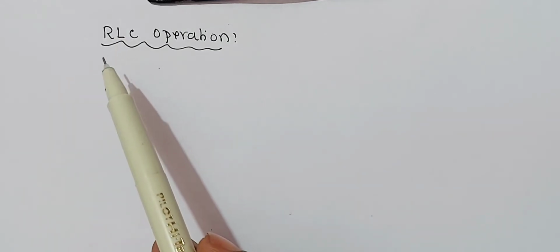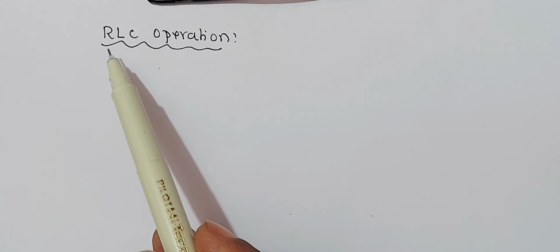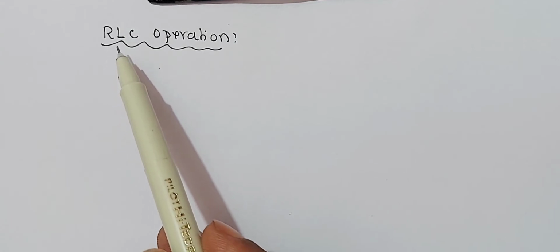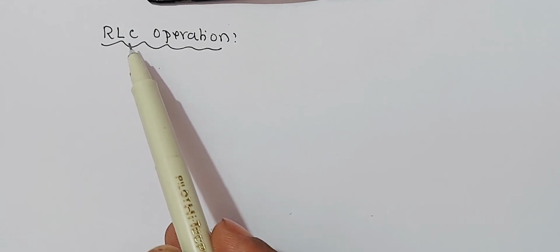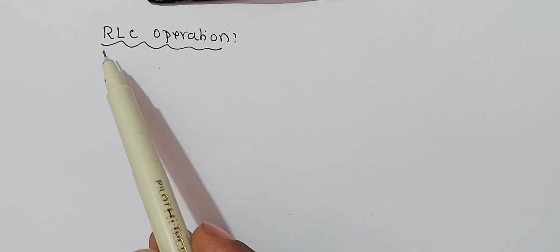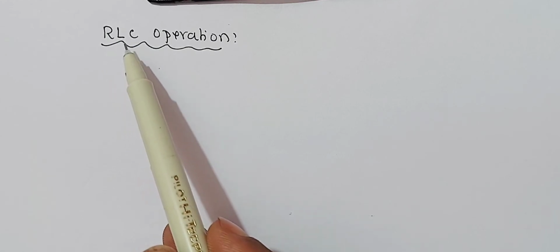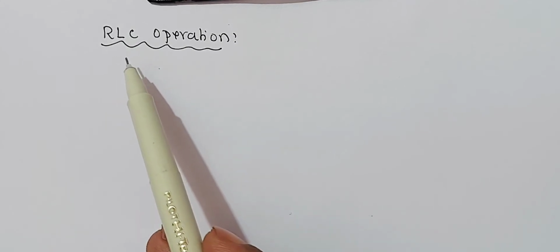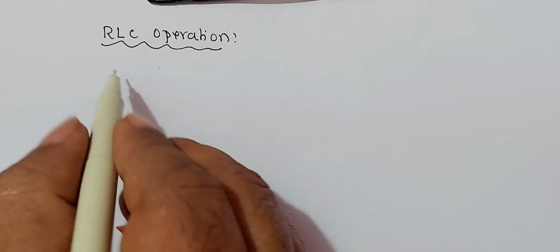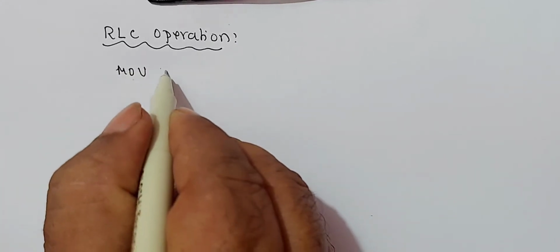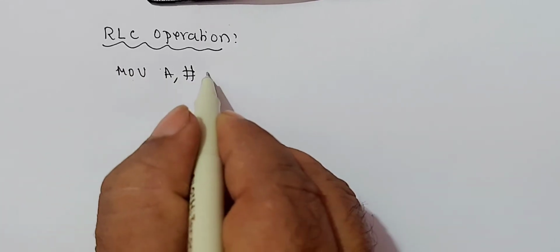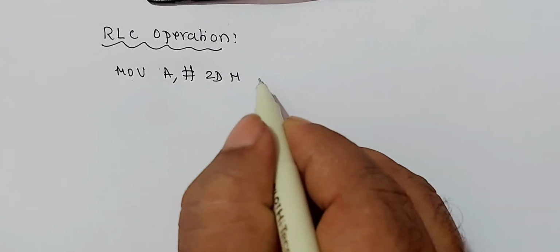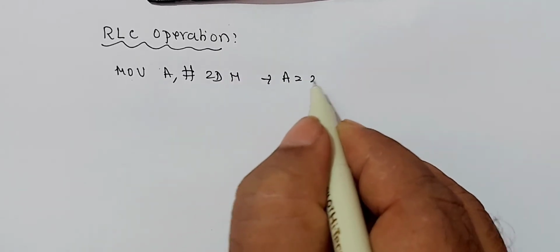Now we will discuss the RLC operation. RLC is the operation code used to rotate the content to the left along with carry C. So rotate left with carry, that is the RLC operation. It can be explained with an example. I will consider move A comma hash 2DH. That is, A is loaded with the value 2D.